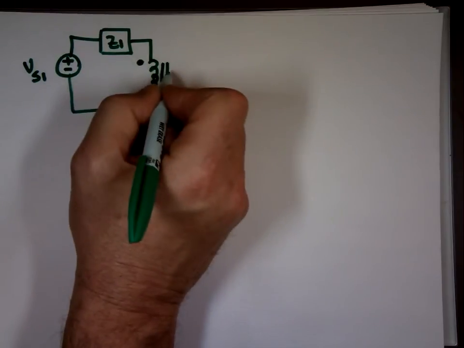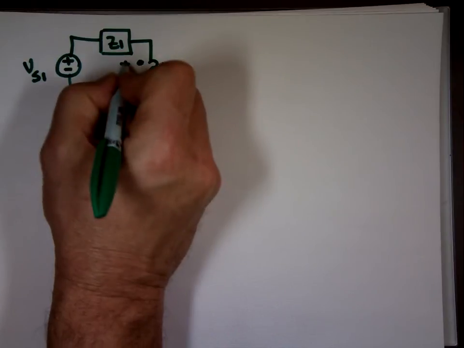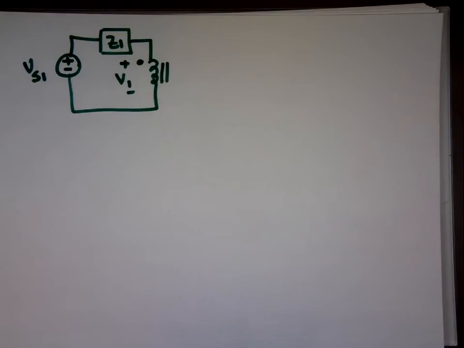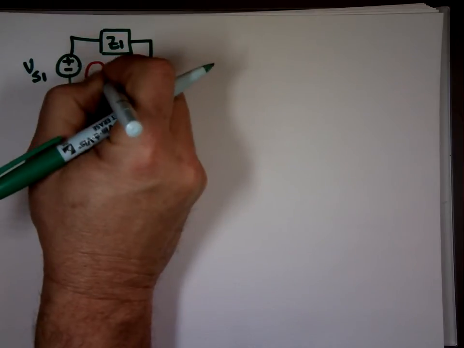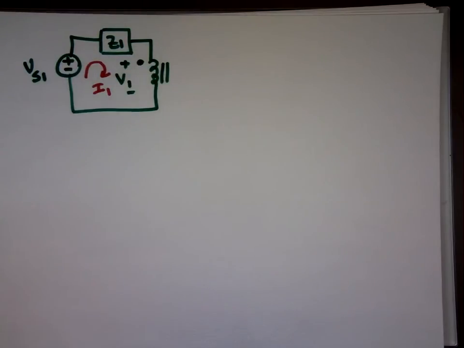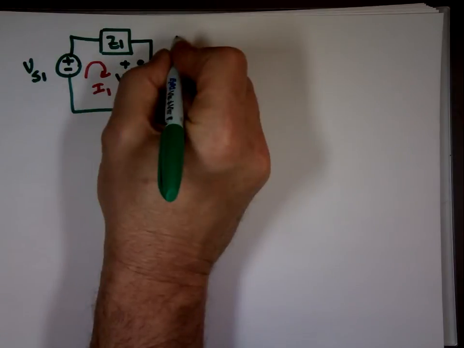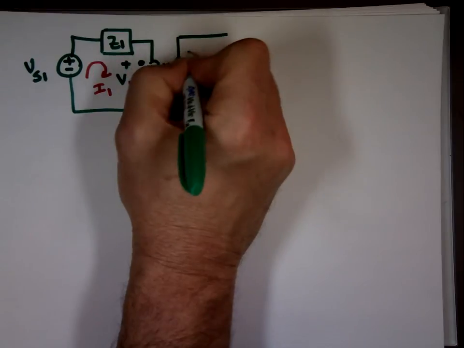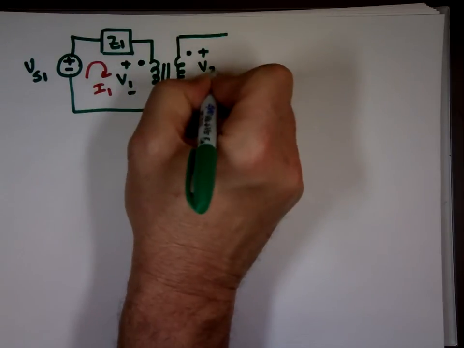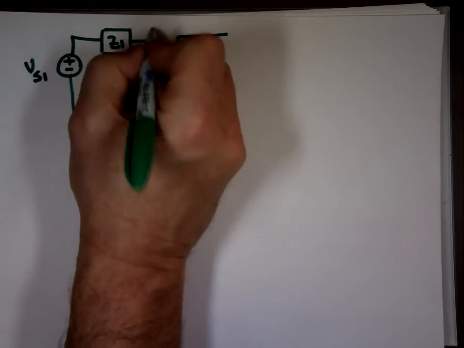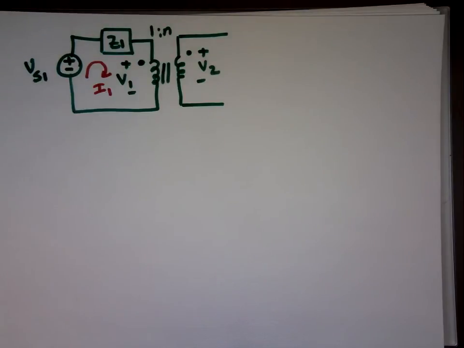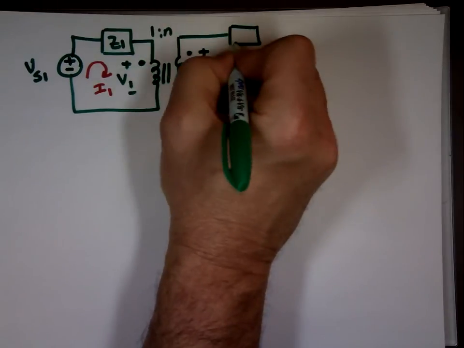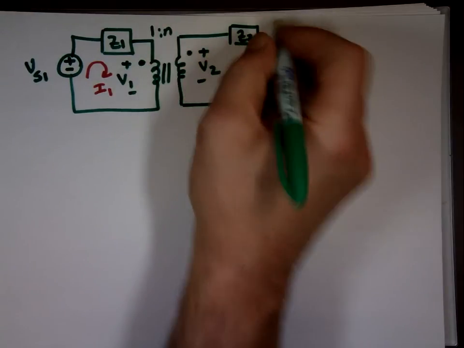And this is V1. And I have I sub 1 going in, going to the dot here. The dot plus minus V2, 1 to n, and this is Z2, and this is source 2.